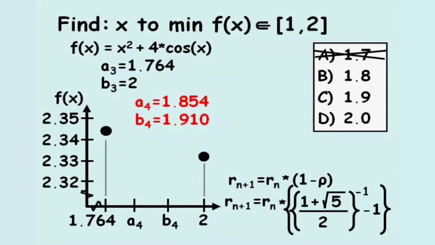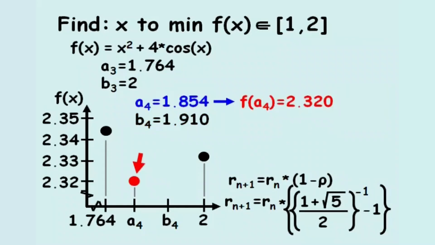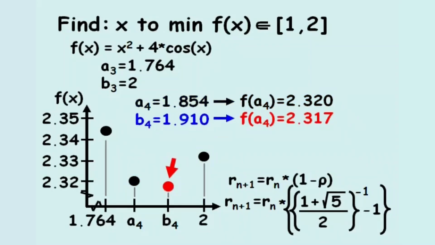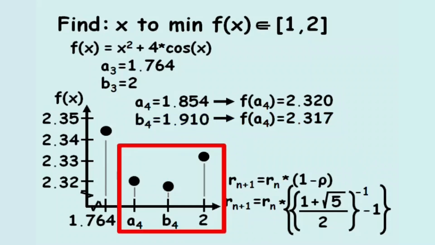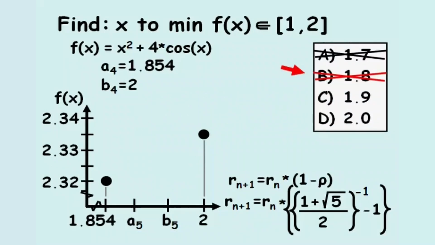The value of f of a4 equals 2.320, and the value of f of b4 equals 2.317. Now, since the range is between x equals 1.854 and 2, we know our answer for x does not equal 1.8 either, because it is outside the computed range.